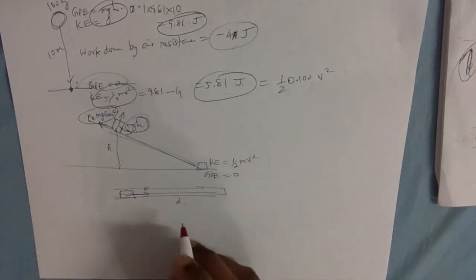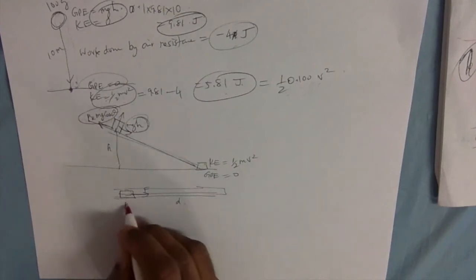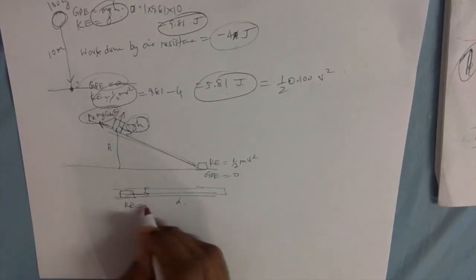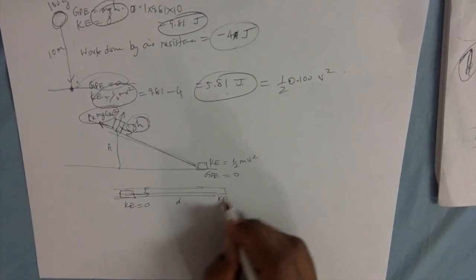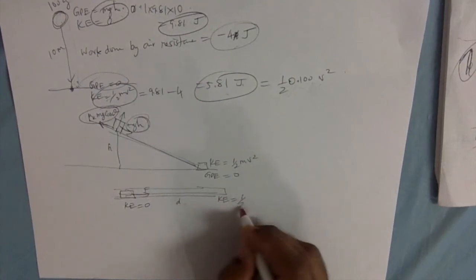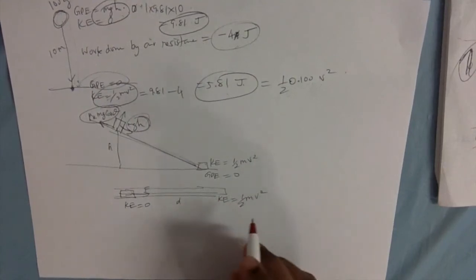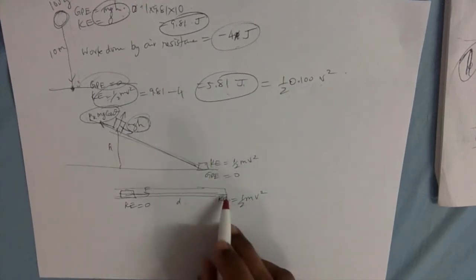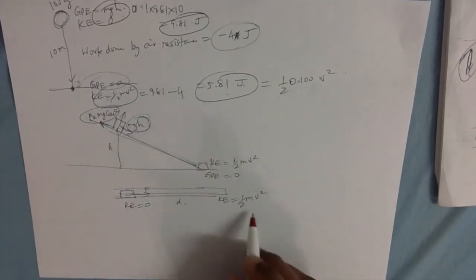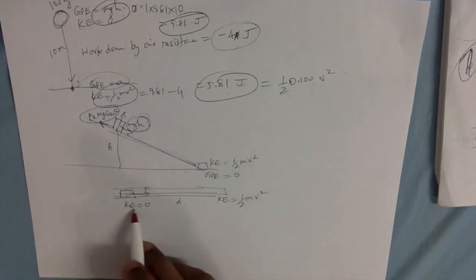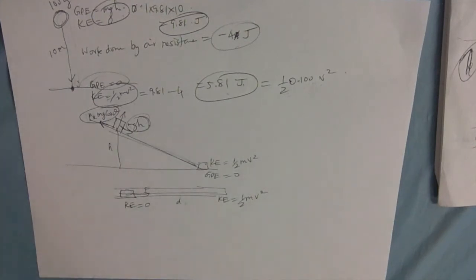If you work in terms of kinetic energy, the kinetic energy is 0 here. The kinetic energy over here is half mv squared. How fast is it moving at the end of this barrel? That is kinetic energy.